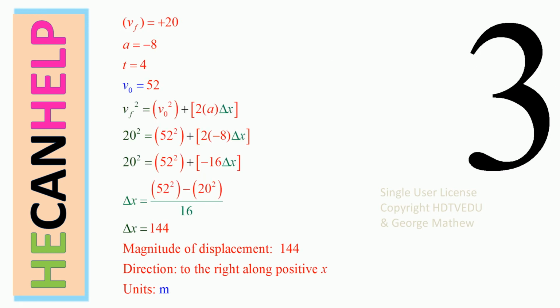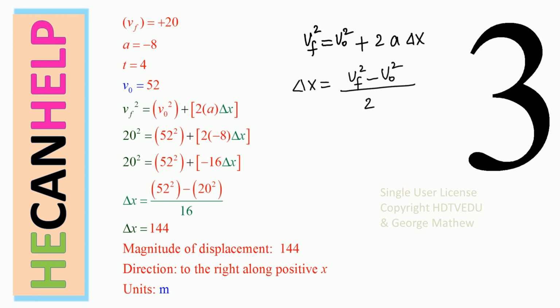Or we could have gone for v final squared is equal to v initial squared plus 2 times acceleration times displacement. Immediately you see that displacement is equal to v final squared minus v initial squared, divided by 2 times acceleration. Substitute the numbers that we know. Final velocity is 20.